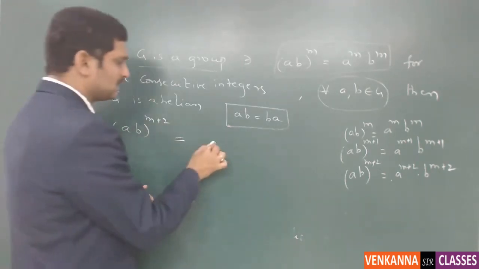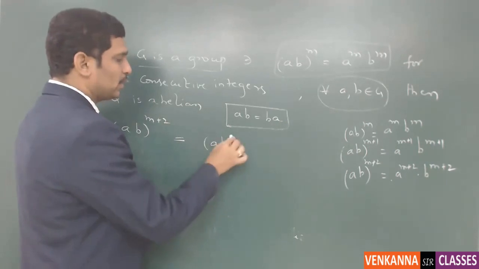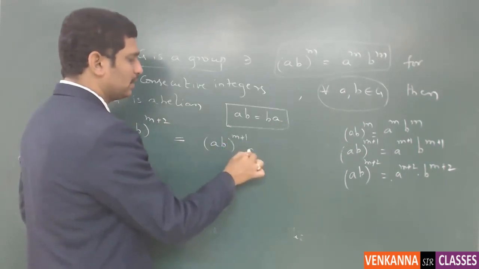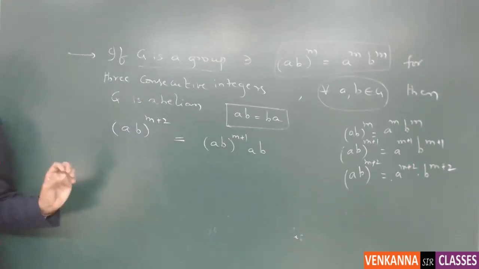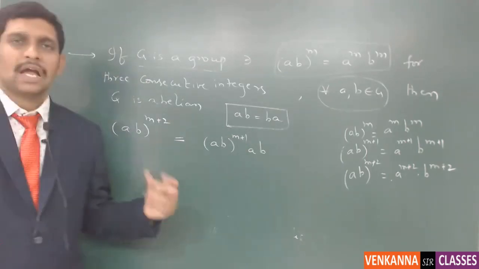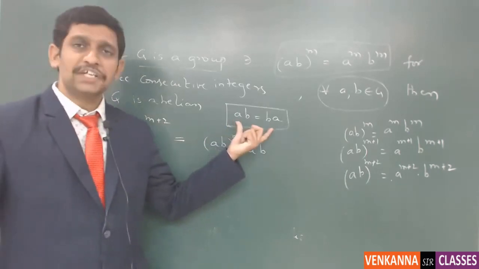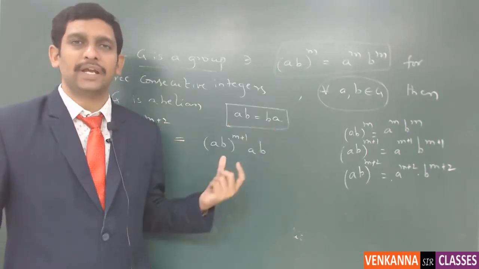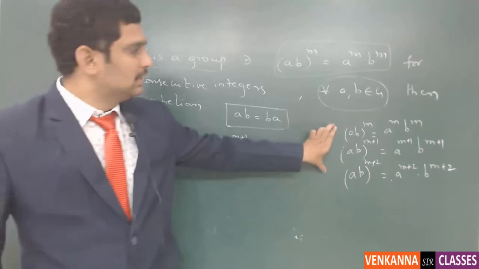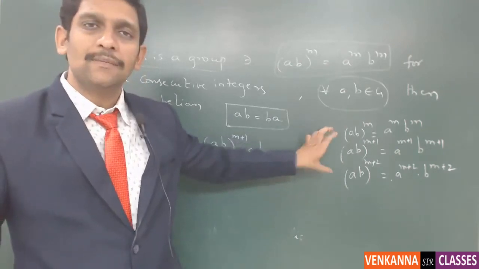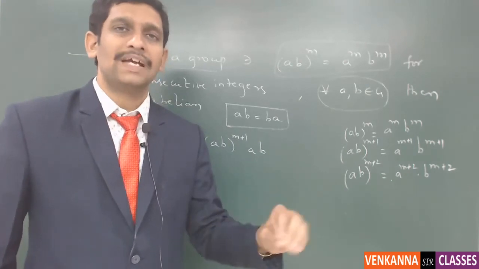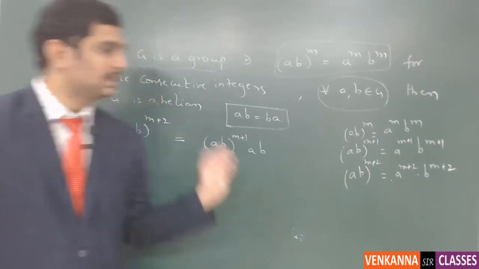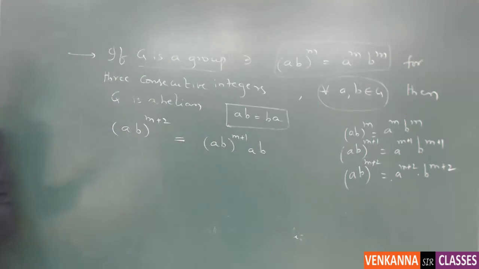We can write it as (AB)^(m+1) into AB. My intention here is to bring out the relation AB equal to BA using these three conditions and the cancellation laws, because in every group the cancellation laws hold. That is my main objective for taking it like this.